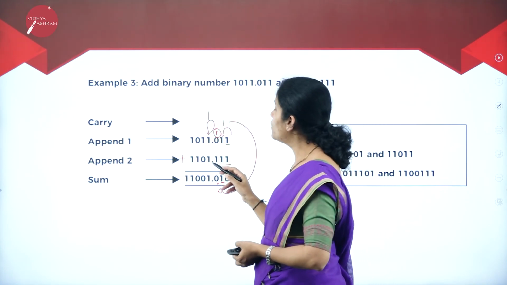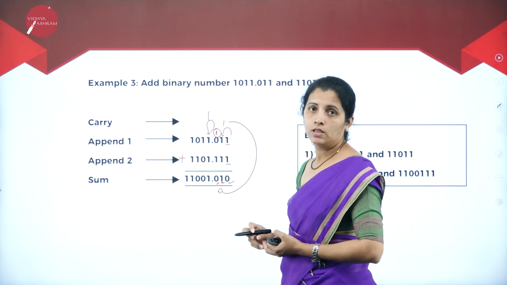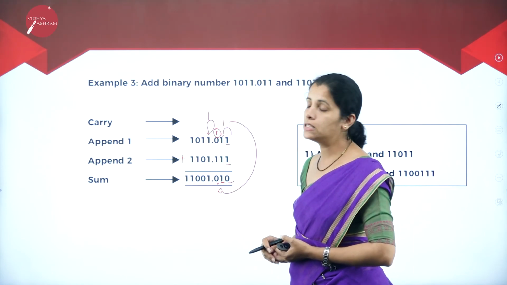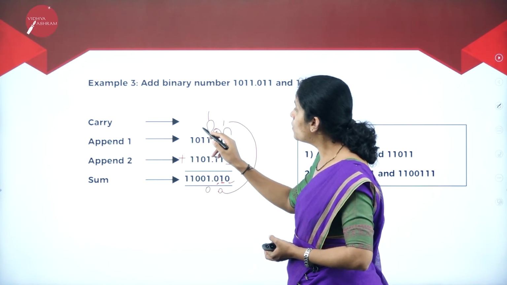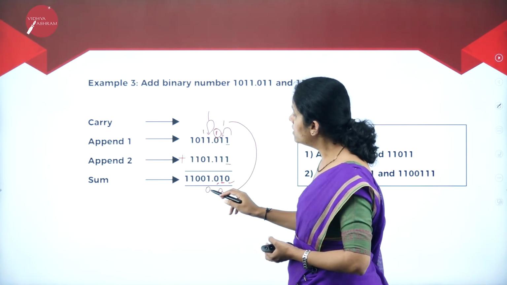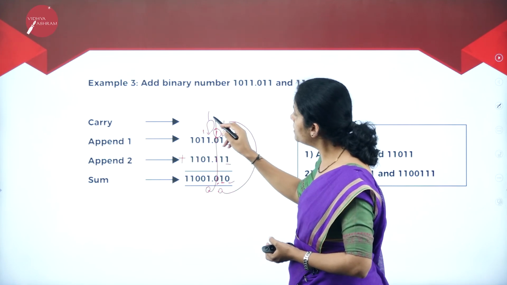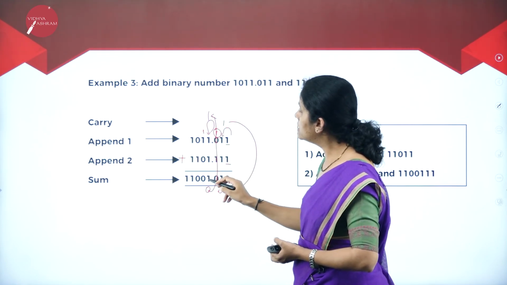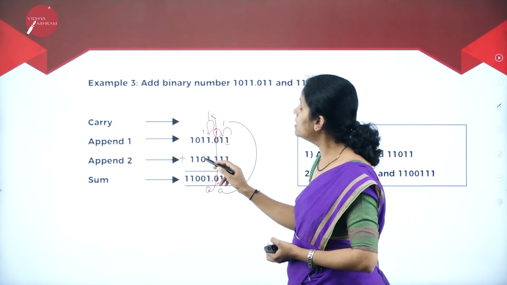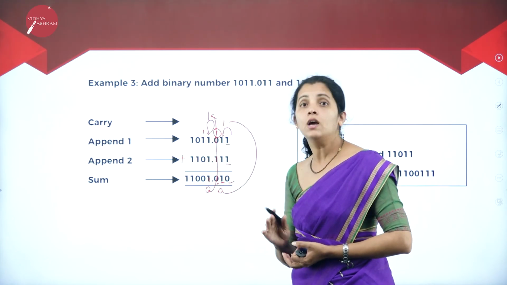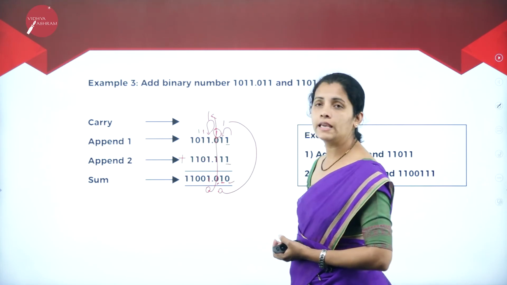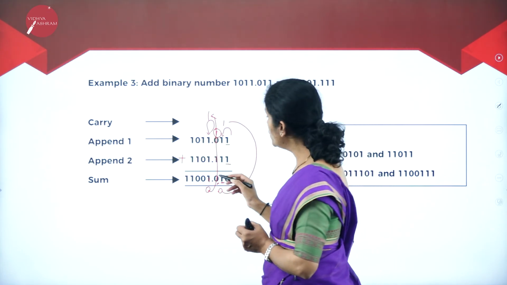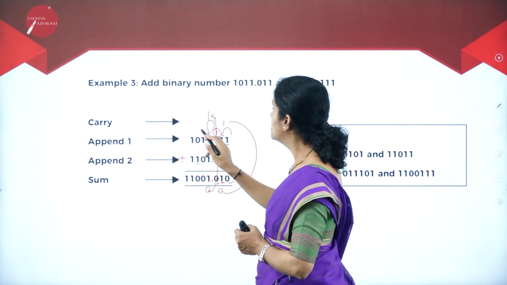Now, here I am going to have 1 plus 1. So, 1 plus 1 in the sense I am going to get sum 0 and 1 carry. So, here I have 0, 0 plus carry 1, it is 1. Now, here 0 plus 1, it is 1. 1 plus carry, it is 0 and 1 carry. Now, I am going to consider this.